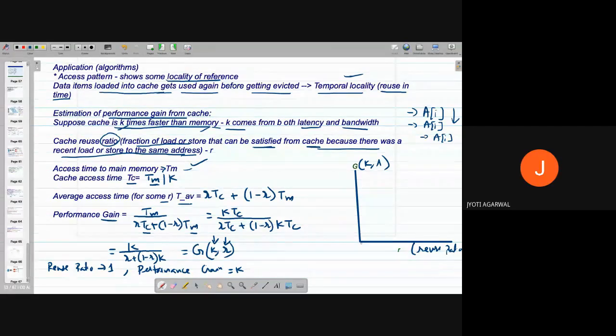Yes, so it will start from somewhere here at 1, and then as the reuse ratio increases, it will go up. Let's say this is my curve for K equal to 5. Let's say I have a cache which is 5 times faster compared to the main memory, so I will get a curve like this. Now how will this curve look if I have another memory which is 10 times faster than the main memory?